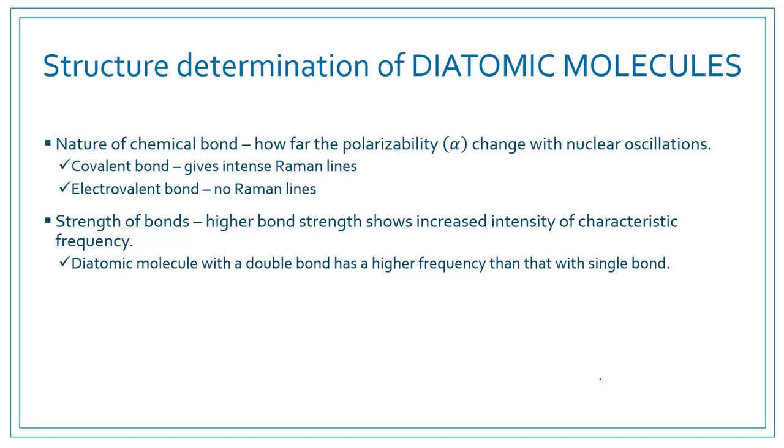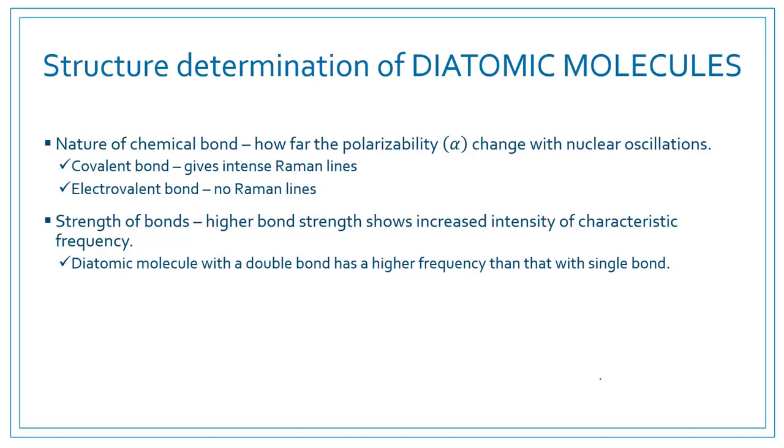If the polarizability alpha changes with the nuclear oscillations, we will get strong Raman lines. And the nature of the chemical bond plays a high role in the change of polarizability.